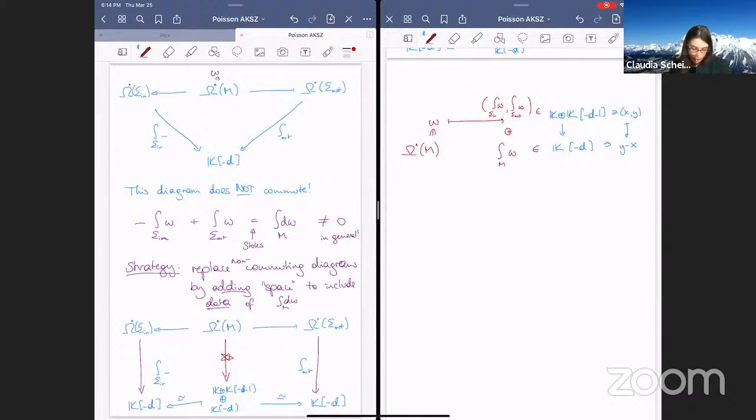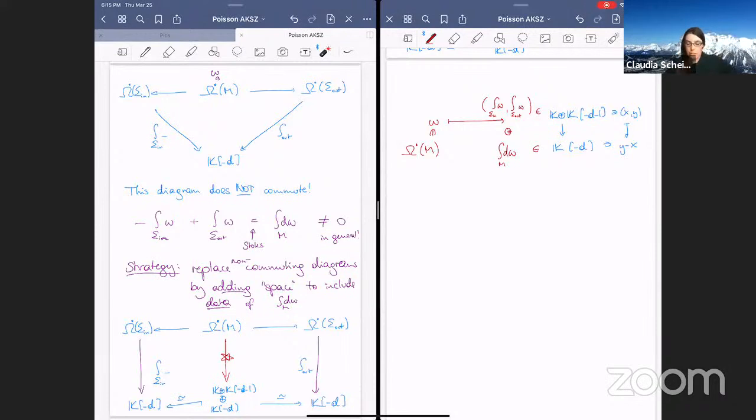And now if you check what happens, it actually does commute. It actually does work. And we didn't change much. We just replaced this bottom diagram with something bigger. But this replacing it by something bigger allowed us to include our homotopy. I think there's a d missing here. Okay.